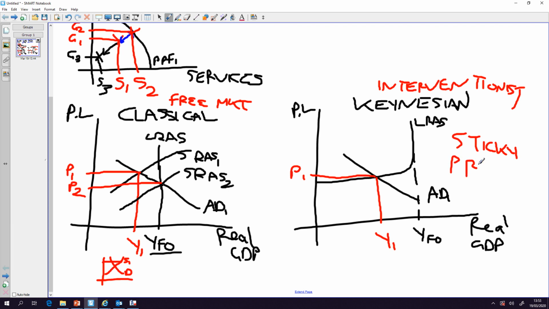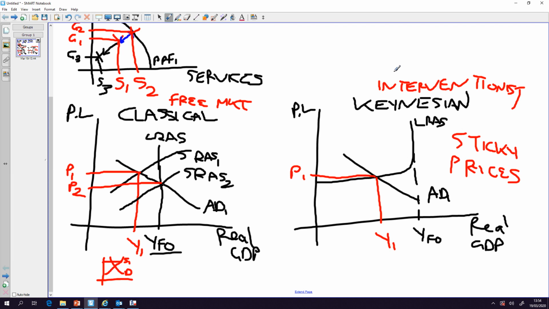Now, what we mean by sticky prices, there are imperfections in markets. There are interventions that are in place that will stop markets from clearing. So a good example could be if workers can't find work in a classical world, they lower their wage expectations and eventually somebody will give them a job. A Keynesian economist will say, well, actually, that can't always happen. If workers are already working at minimum wage, there is nowhere else they can go.